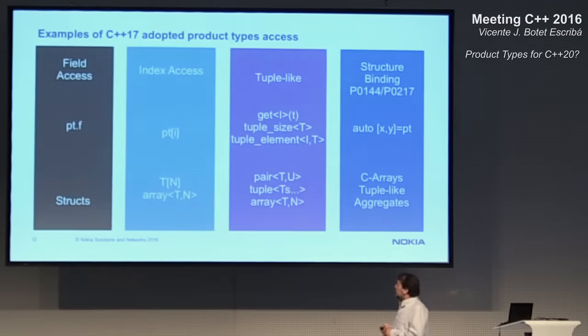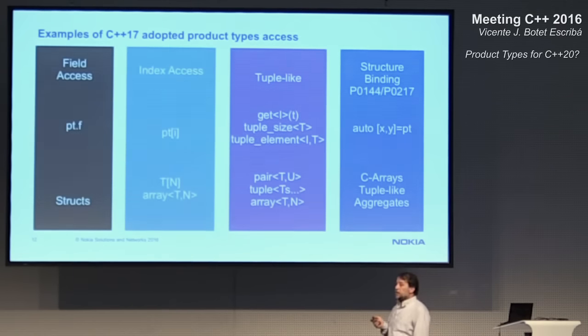Okay, let's see what we have as access for all these types. We have the well-known field access for structs. You have index access for arrays and std::array. We have tuple-like access for pairs, tuples, and array.